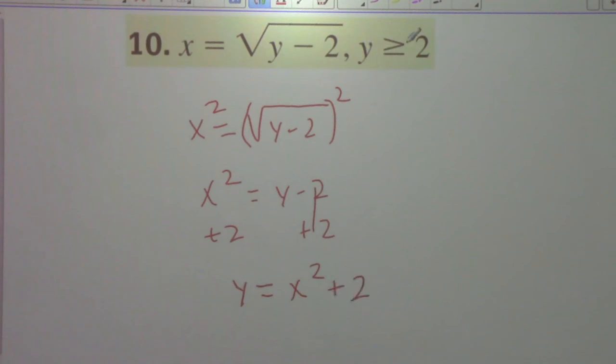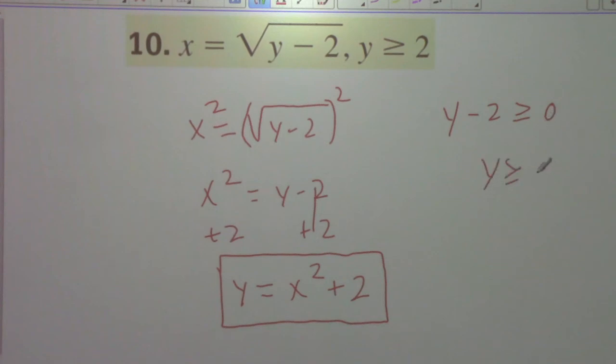And we know that whatever y is has to be greater than or equal to 2, which is the condition they gave us at the beginning. That's where that came from. Why? Because y minus 2 has to be greater than or equal to 0, so y therefore has to be greater than or equal to 2. Okay, all right, very good.